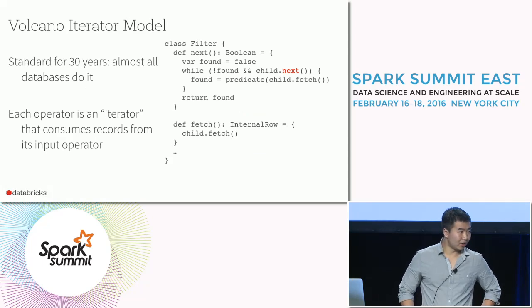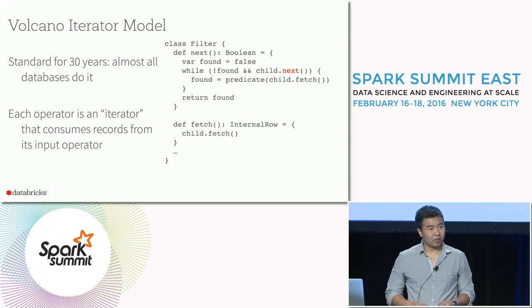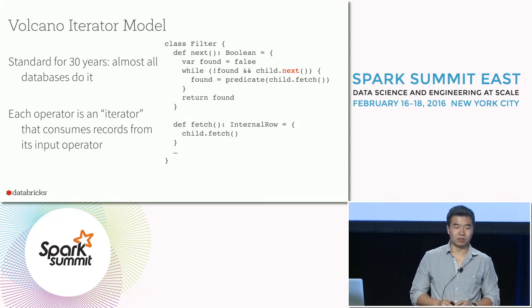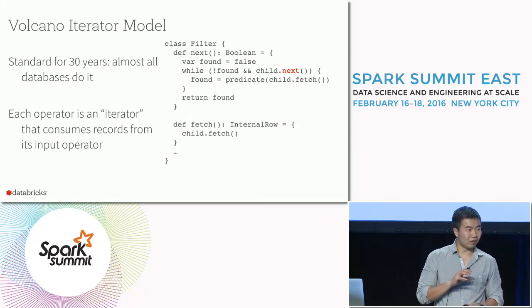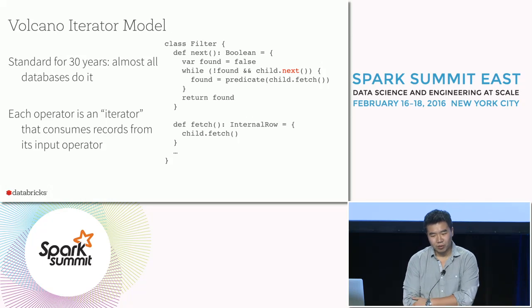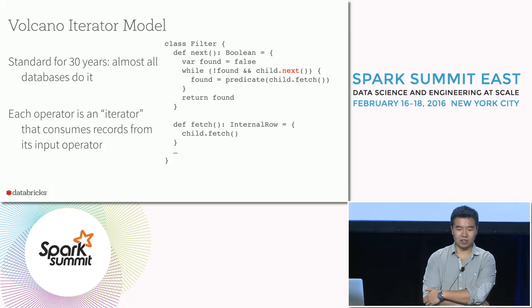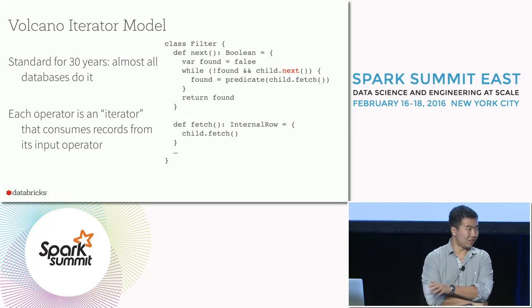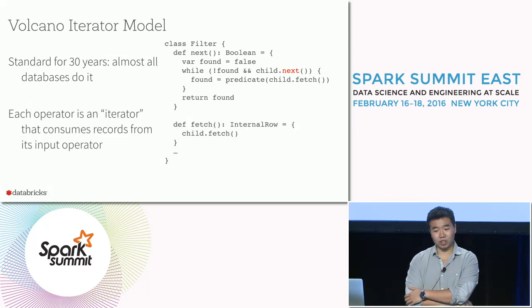How does Spark SQL evaluate this right now? Spark SQL uses a traditional database technique called the Volcano Iterator Model. It means that every operator, all the boxes I showed on the previous slide, implements this iterator interface. An example of this is the filter code on the right. This is not quite exactly how it's implemented in Spark right now, but very, very close to it.